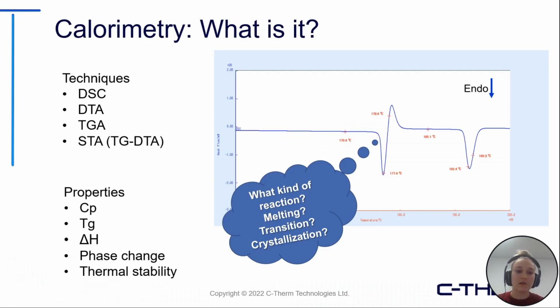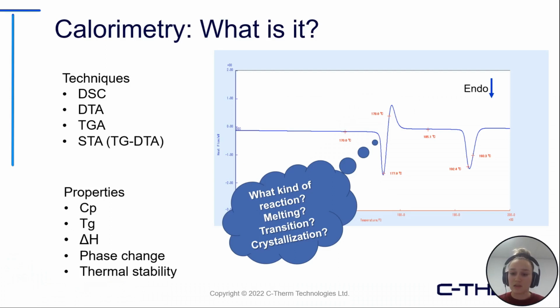Okay, so what is calorimetry? We're going to start at the beginning here and build the foundation for the rest of this webinar. Calorimetry includes techniques such as DSC, DTA, TGA, and STA. DSC and DTA are techniques that measure the temperature and the energy changes due to endothermic or exothermic reactions, and you see that on screen there.